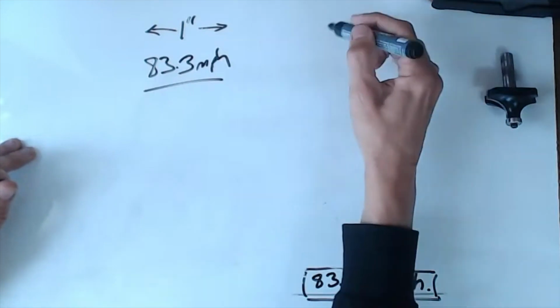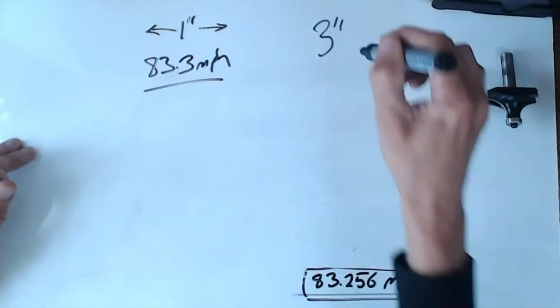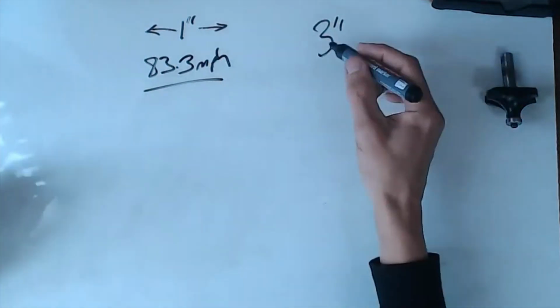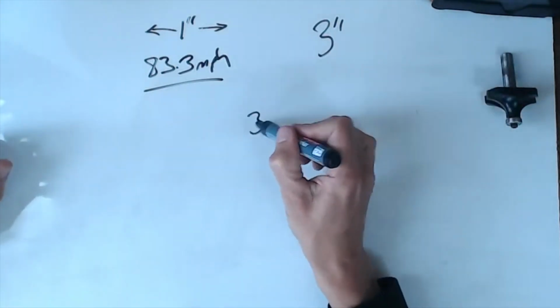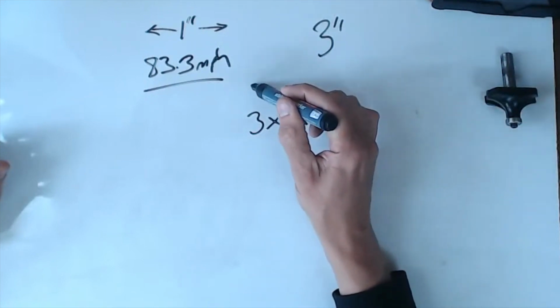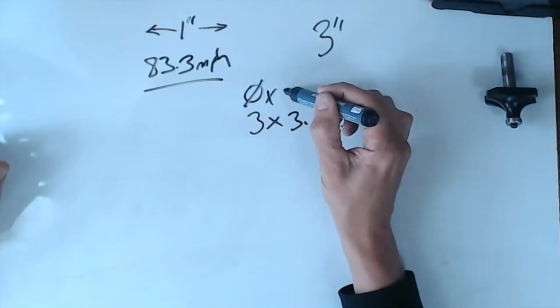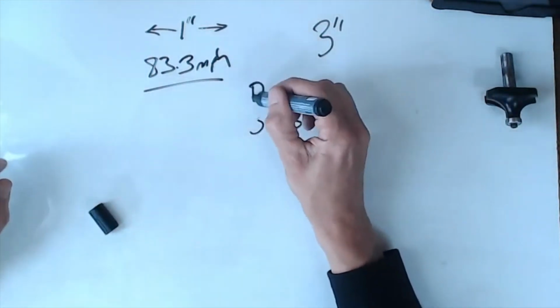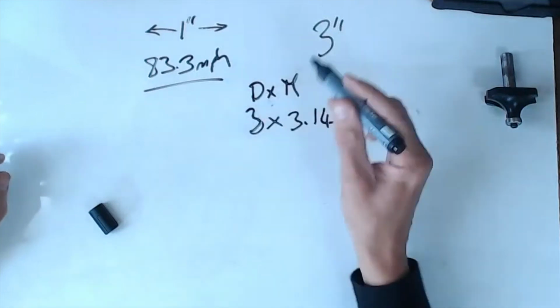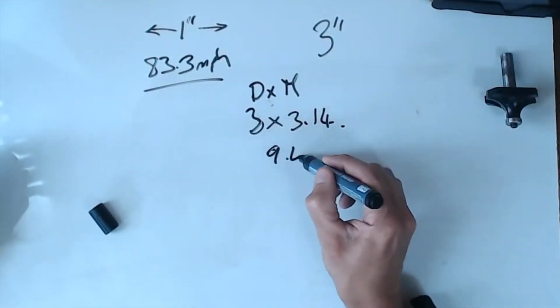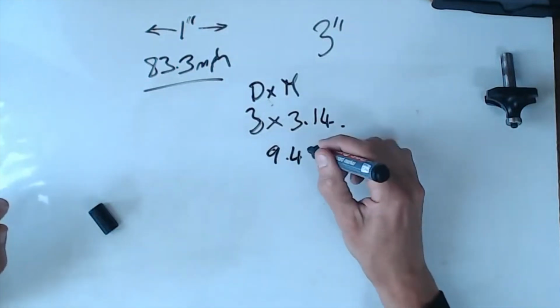If we go up to 3 inches in diameter, we'll do the same maths. So 3 times 3.14, which is our diameter multiplied by pi, which is 9.4. Feel free to follow on with the maths, by the way.